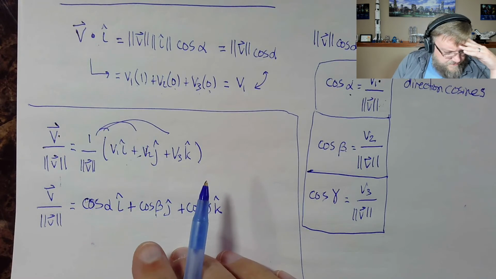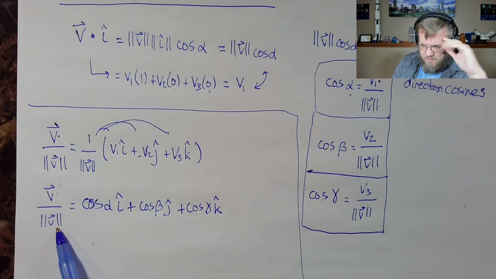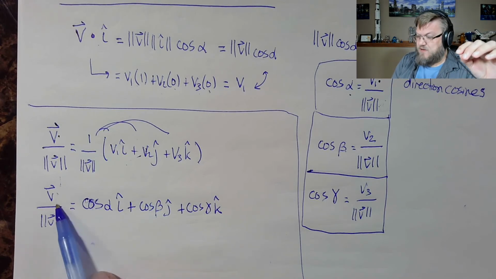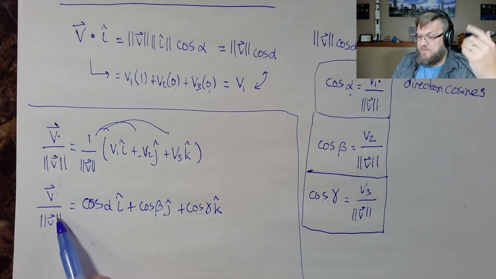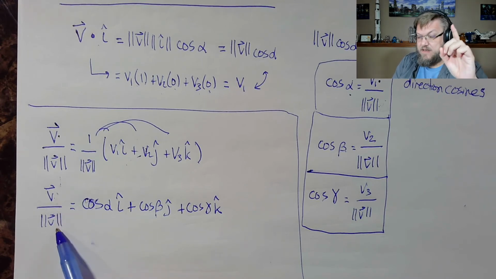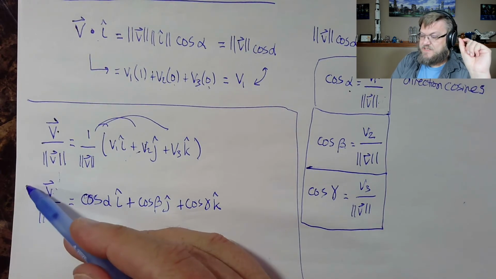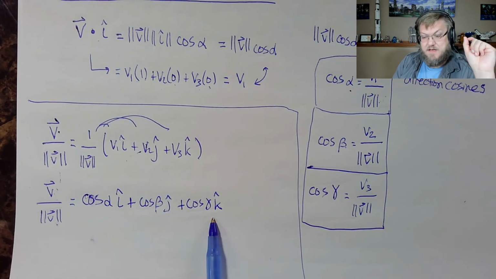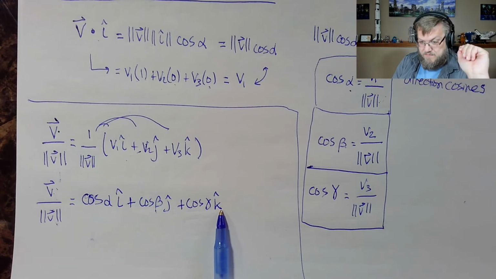But now wait a minute. Because the magnitude of v divided by magnitude of v, wait a minute, isn't that normalizing the vector? Remember what we were saying? Given any vector v, divide by its magnitude, you're guaranteed that the magnitude of that vector is 1. You're guaranteed a unit vector, which means the magnitude of this is 1, which means the magnitude of this vector over here has to also equal 1.